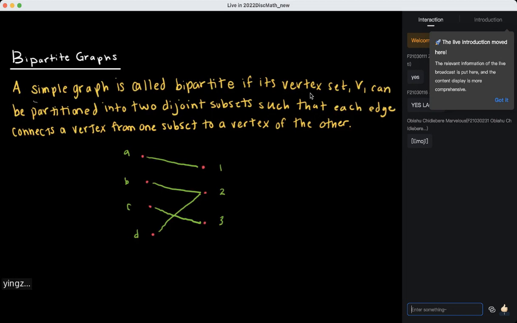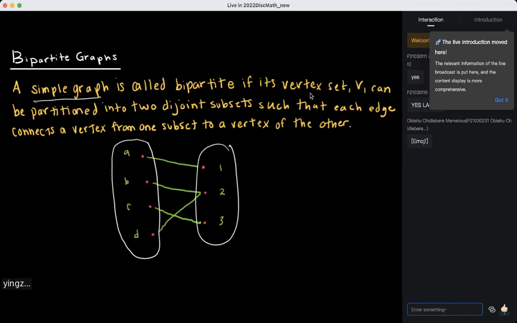And so it's a simple graph, meaning that there's no loops and there's no multiple edges, but it's called bipartite if essentially I can partition the vertices into 2 separate sets such that all of the vertices in my first set are not connected to one another, and all of my vertices in the second set are not connected to one another, and the only edges that exist go from one subset to the other, which is exactly what I have here.